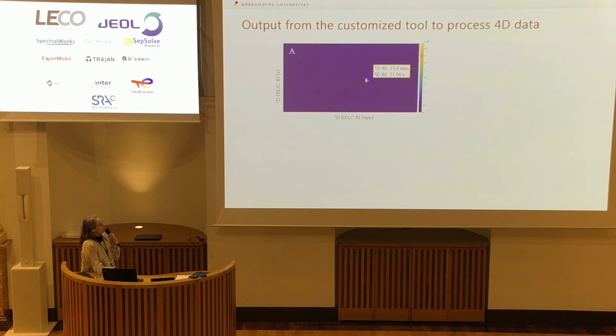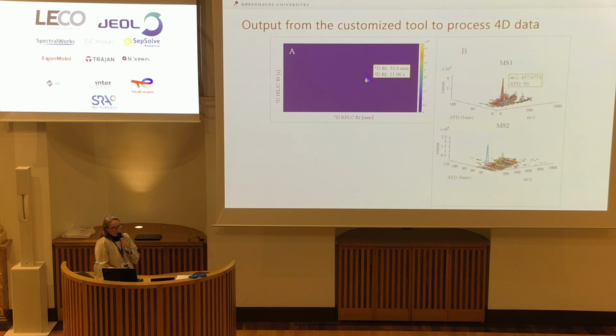Okay, so OSCAR, he built this customized tool for processing these four-dimensional data. So for example, what you can do is you put in the exact mass that you want to see, the extracted ion chromatogram of that, and then you plot it like this. You pull the cursor and you can see what is the retention time in first and second dimension.